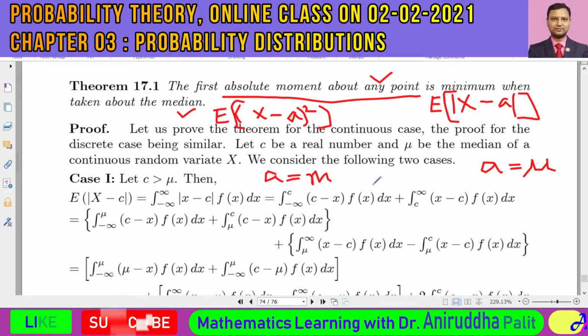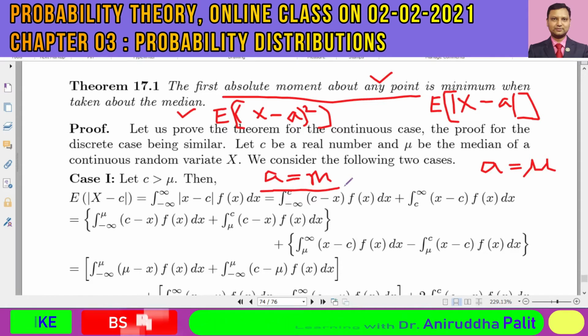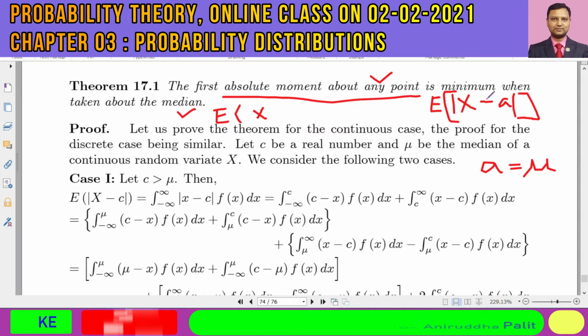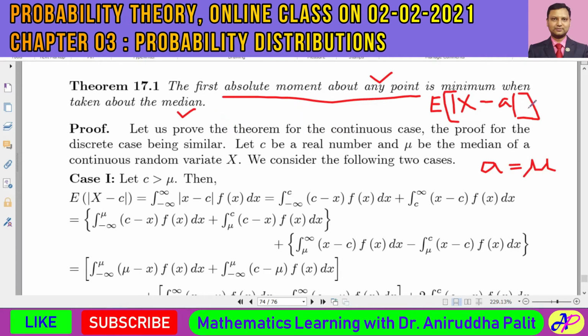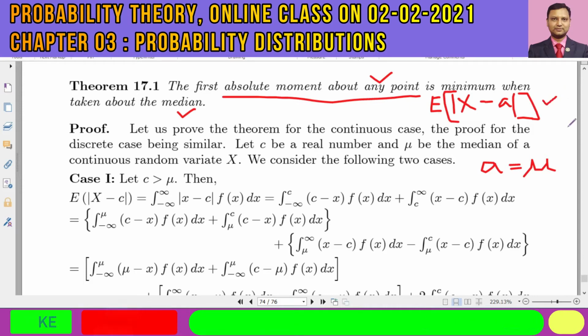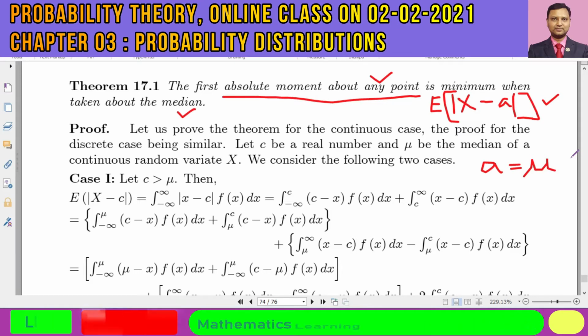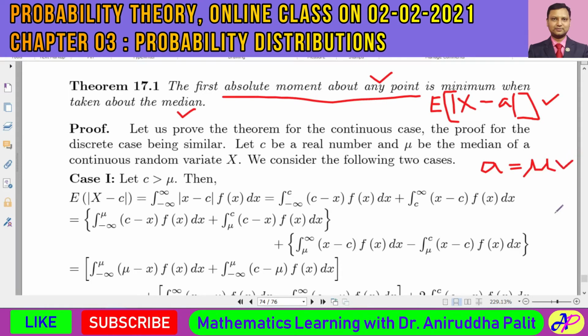The second moment about any point a is minimum whenever this moment is taken about the mean of the distribution. So this result, what I am going to discuss over here, is a very similar kind of result. In place of the second moment, it says about the first absolute moment. So we are going to prove that the first absolute moment would be minimum whenever this a is equal to mu, or in other words, whenever the first absolute moment is taken about this median. So let's prove this result.